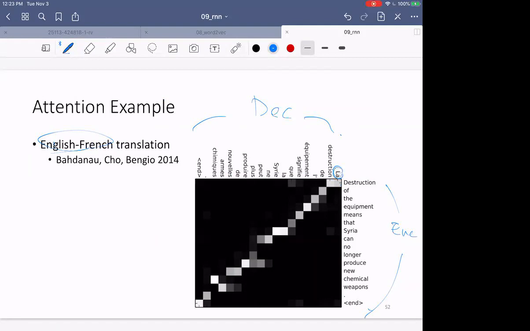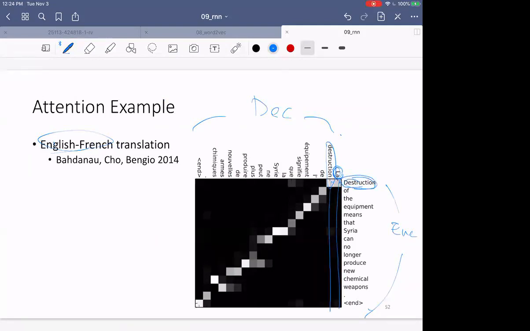When the decoder was generating the word la, the strongest attention was given to destruction. When the decoder was generating the French word destruction, the same attention was given to destruction.